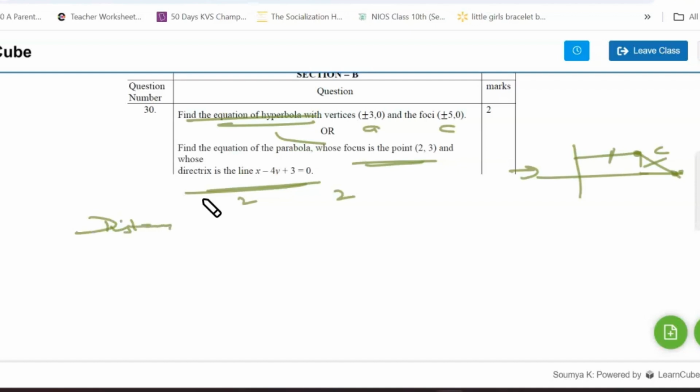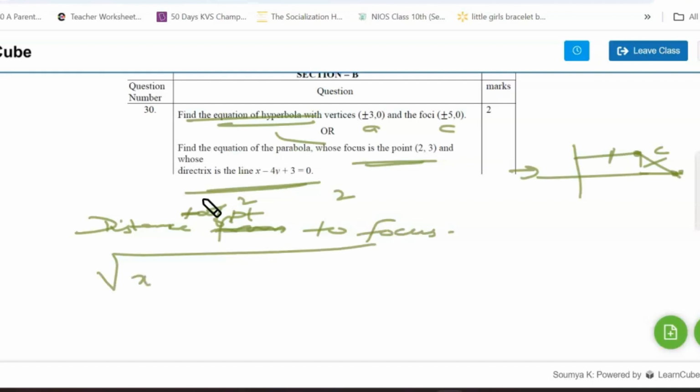Now that same property we are going to use here to solve the equation. So the distance of the point to the focus will be given by the distance formula, that is square root of x minus 2 square plus y minus 3 square.